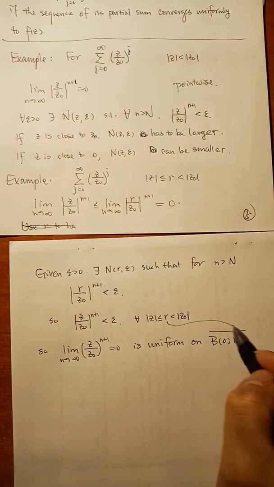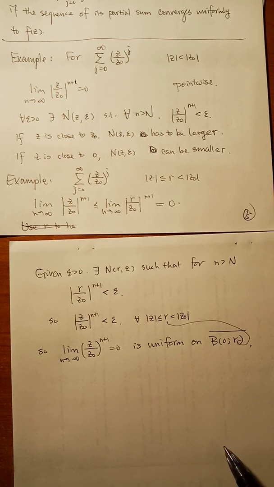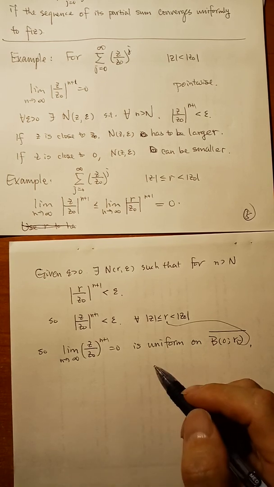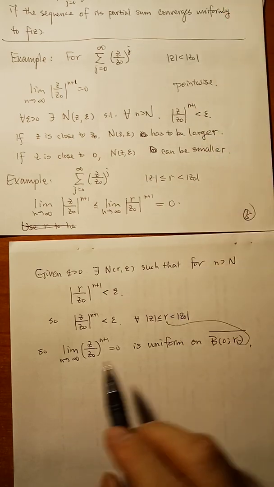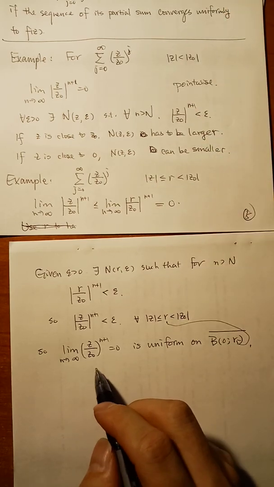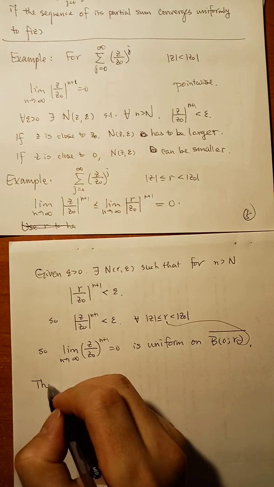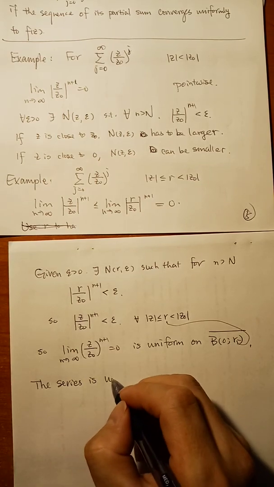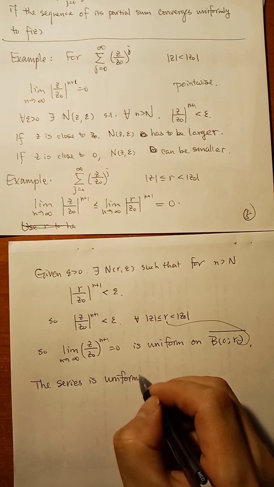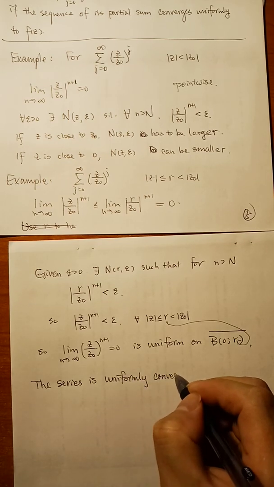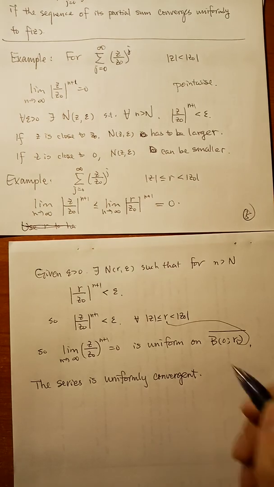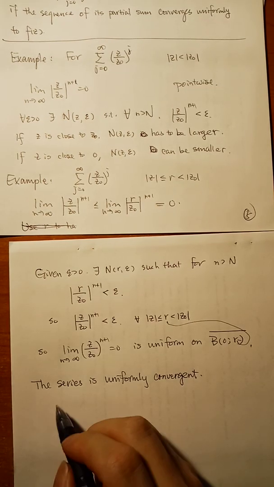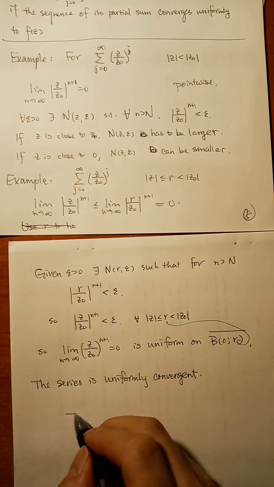This is at R. And then you have this one, this is in the partial sum. When you have a partial sum uniformly convergent, then the series is uniformly convergent. Okay, so let me make it clear.